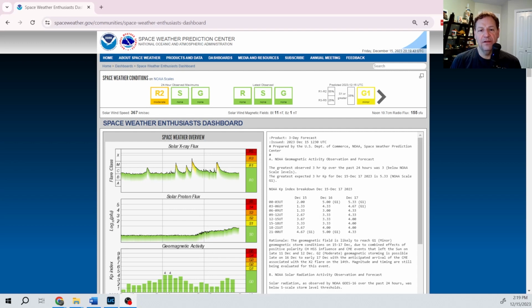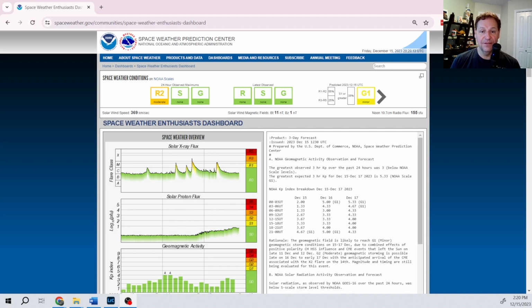The group within NOAA that deals with space weather, including auroras, is the Space Weather Prediction Center, SWPC. And that's where all the forecasts come from, the 3-day forecast, the 27-day forecast, the Aurora Oval. All of those pieces are on different web pages, scattered around, and you have to dig to find them.